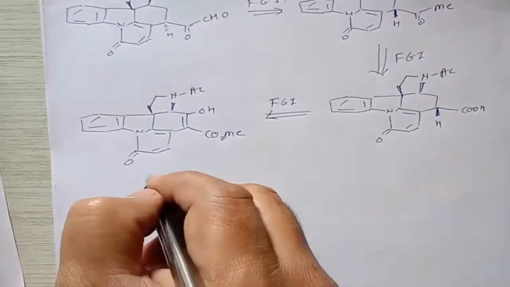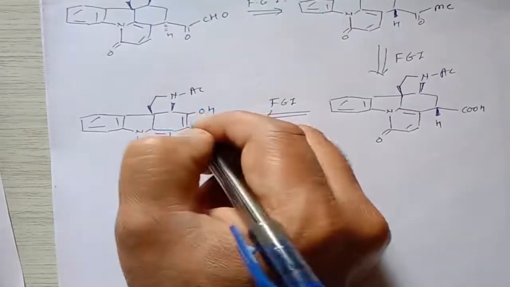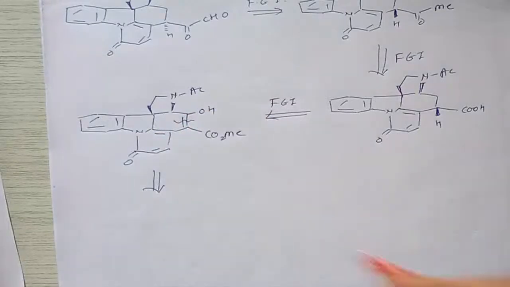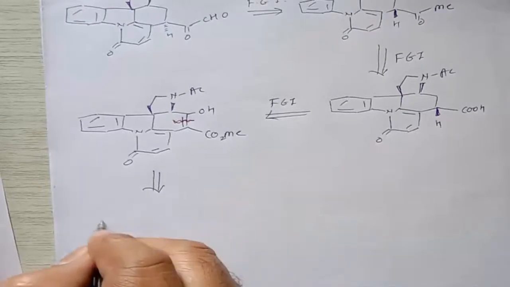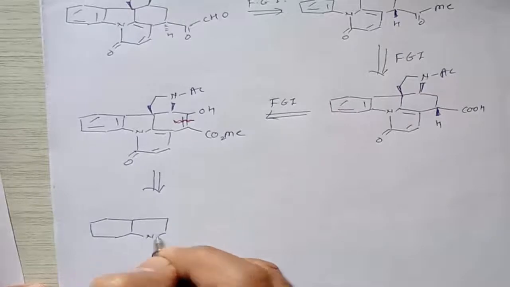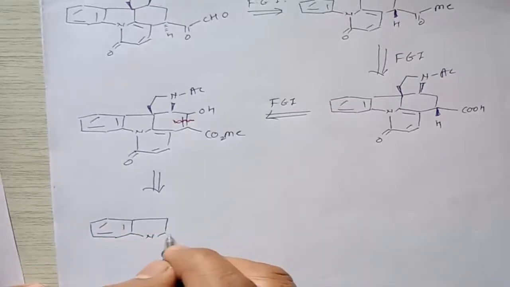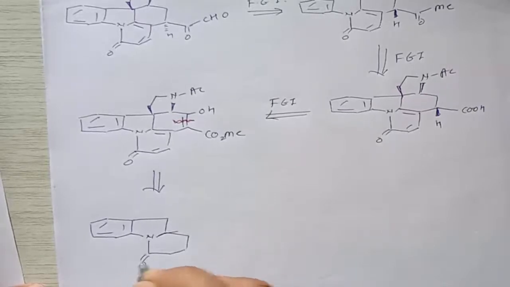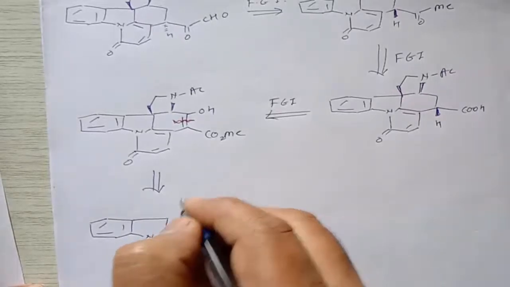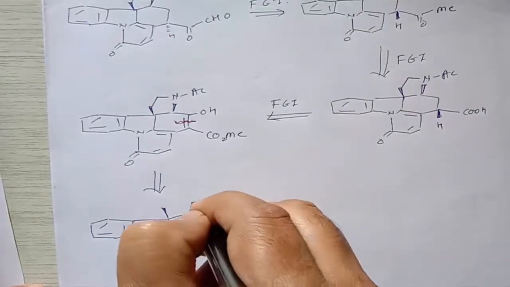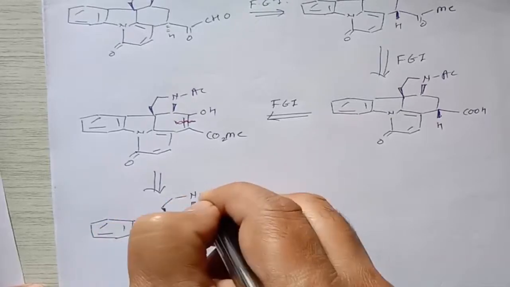After that, we know that this is an alpha beta unsaturated system, so we can break this bond, right? After breaking, what we get here is this 6-member ring the same here, again this 5-member ring the same here, then this 6-member ring again the same here, containing this double bond, and here the 5-member ring containing the acetate group.